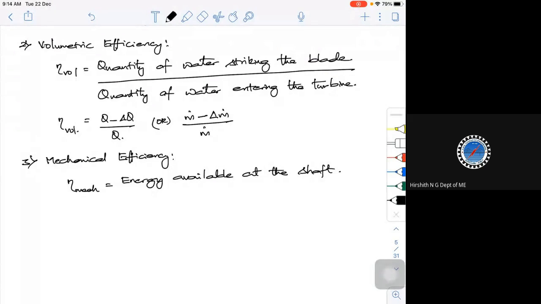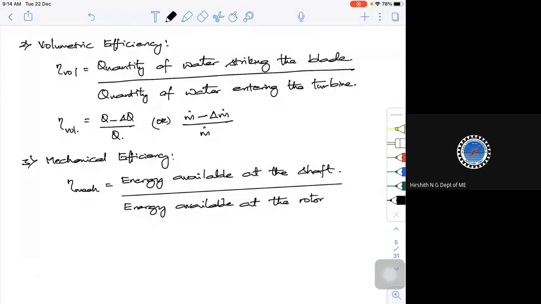That is the energy that is going to the generators, or to power generation, whatever it may be. Energy available at the shaft to the energy available at the rotor. At the rotor, this is actually the work done by your fluid.